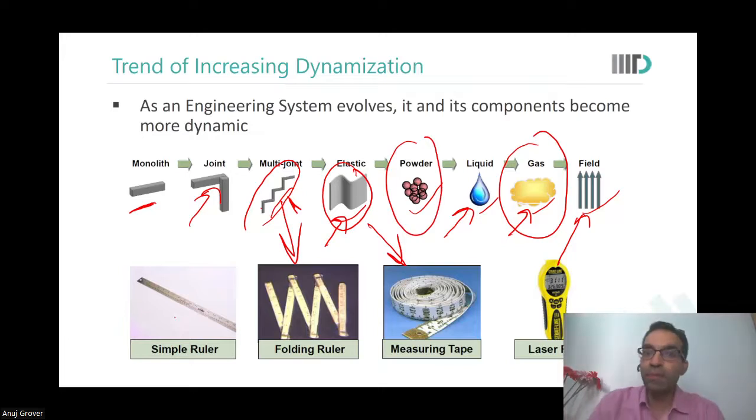No, a beanbag is a powder bed. Are you able to see this? So even though this is the trend, it is not necessarily the sequence there, but all these exist. Are you with me?